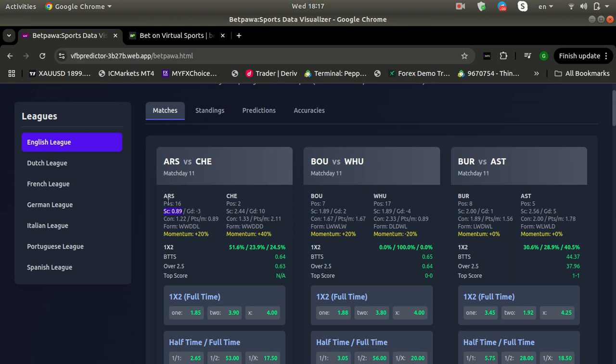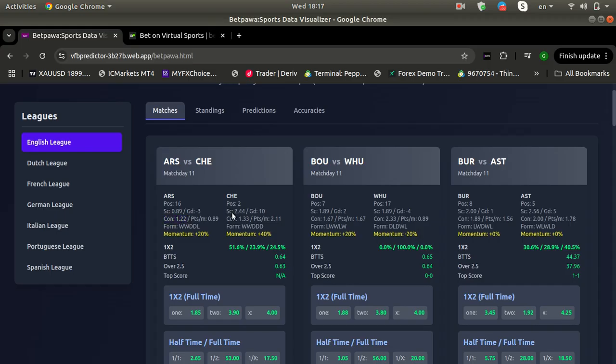And then we can look and see how likely it is for the other team to concede. We can see that there is a likelihood that Arsenal is going to be scored 1 goal by Chelsea, because Chelsea has a high scoring point, and Arsenal's average conceded goals is 1.22.